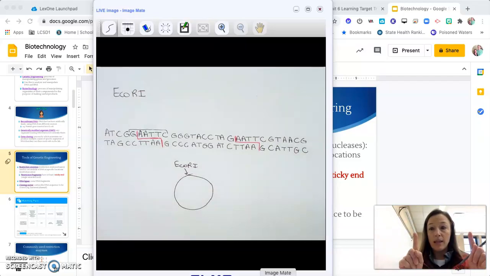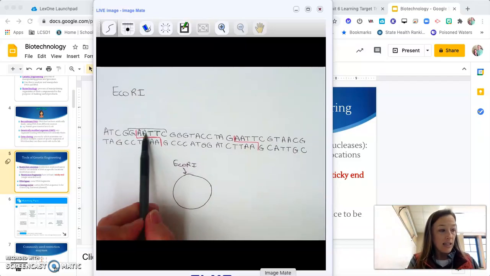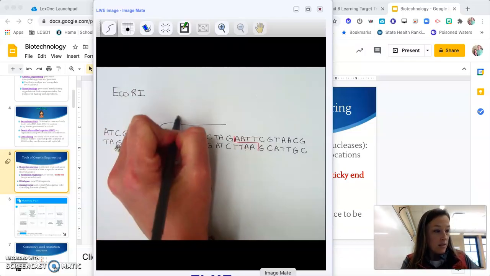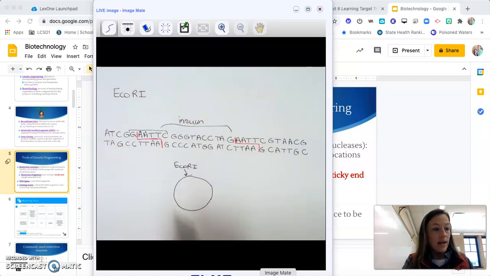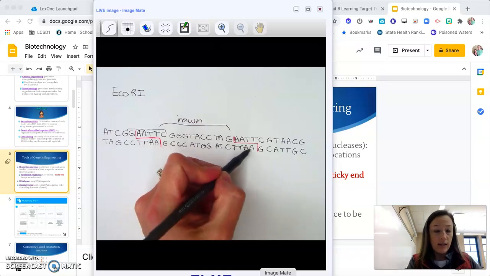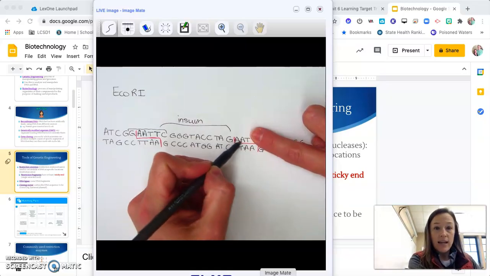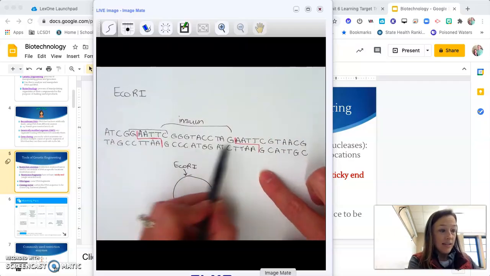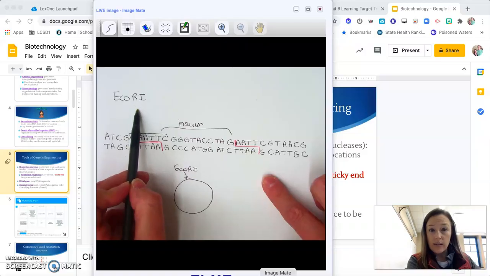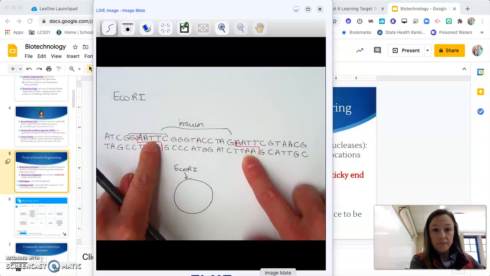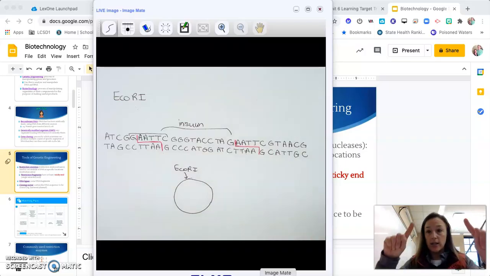Well, when I open that plasmid, it's going to have matching sticky ends to my gene of interest, this insulin gene, so that when I put them together, they're going to want to bind because this TTAA sticking out on the insulin gene is going to match with an AATT from the bacterial plasmid because, again, it cut at the same location because EcoR1 only cuts there. So that means that these sticky ends that are sticking out here and here are going to match the sticky ends on my plasmid when I cut it and open it up.